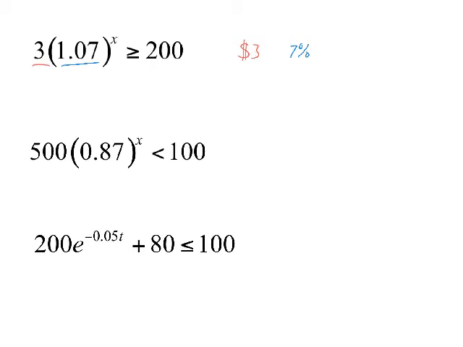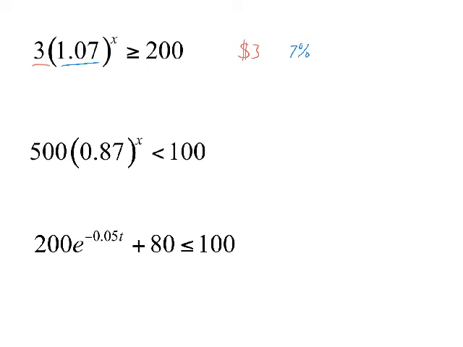And my story wants to know when I'll have more than $200. So if I solve this, I will find out when $3 at 7% growth repeatedly will be bigger than $200. And that is a story you can solve, using mechanisms of solving, which you also learn.